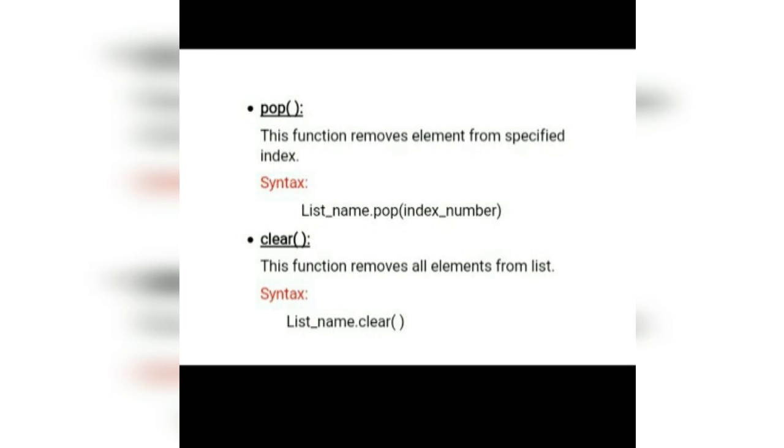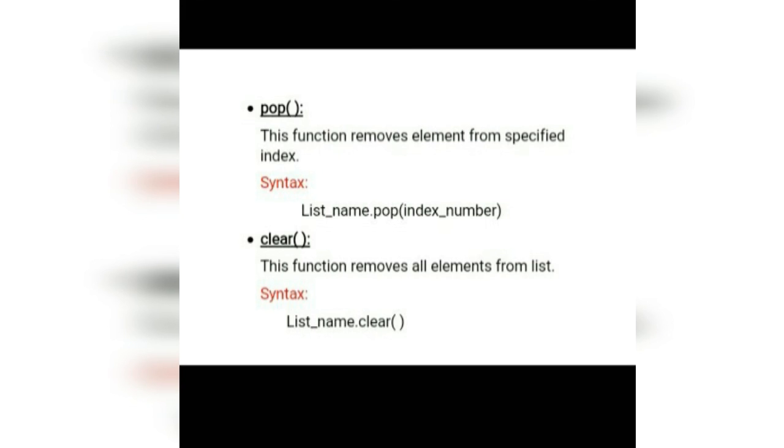Now the third one is pop. This function removes the element from a specified index. The syntax is list name dot pop, index number. That means you specify the index number, and the element at that index will get deleted.